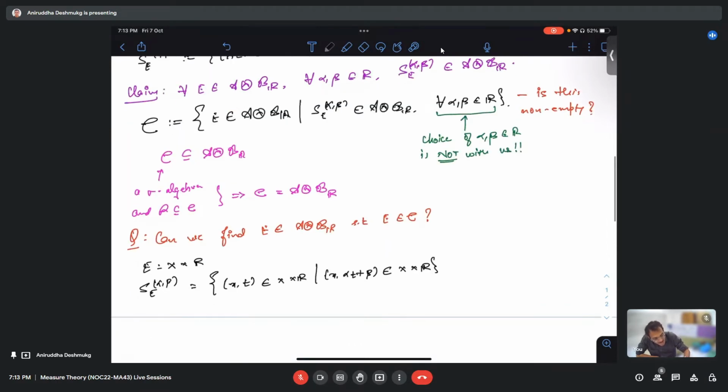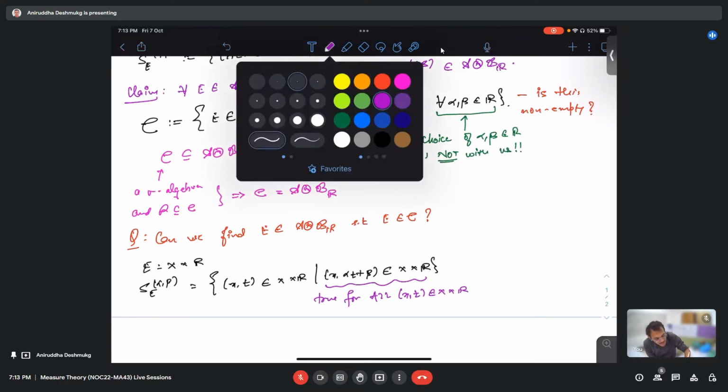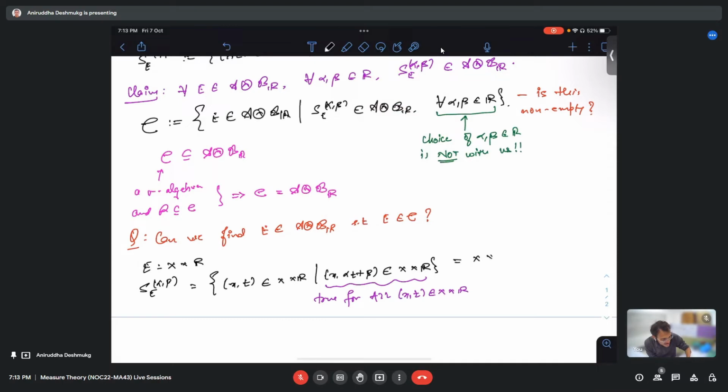But this is true for every (x, t), is it not the case? So basically, this is equal to X cross R, correct? And this is always inside A cross B, irrespective of what my values of alpha and beta are.